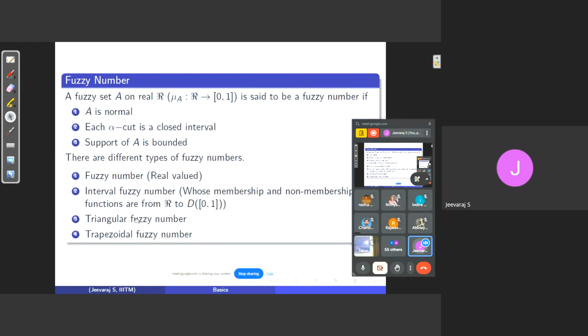Now there is a difference between the triangular and interval fuzzy number. We wanted to consider this triangular fuzzy number. What is the meaning of it? It is nothing but around 2 kilometers. How much distance have you walked today? Around 2 kilometers, right? So it might be approximately 2 kilometers.